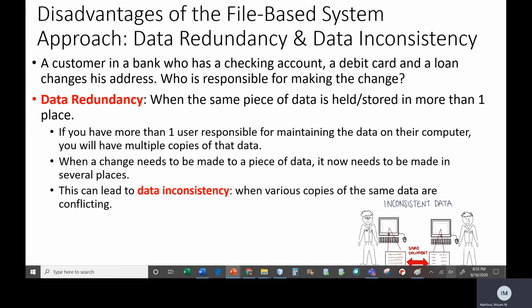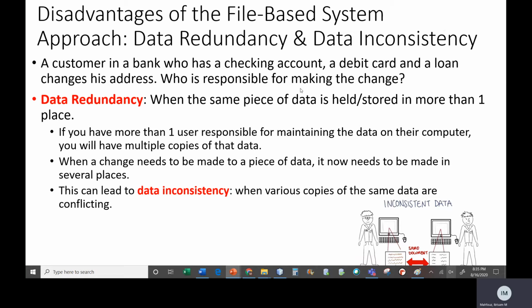Now, because of this data redundancy, where we have more than one user responsible for maintaining the information, because the information is stored in more than one place, we could potentially get data that is inconsistent. So you might call your checking account and tell them this is my new address, and you might contact your credit card company with the bank and tell them this is my new address, but you forget to go to your loan department and tell them about your new address.